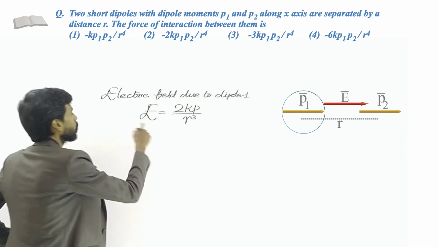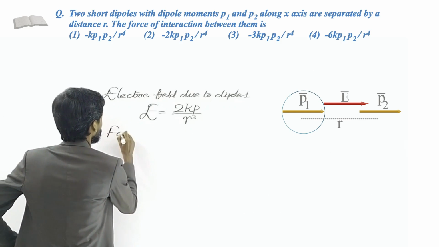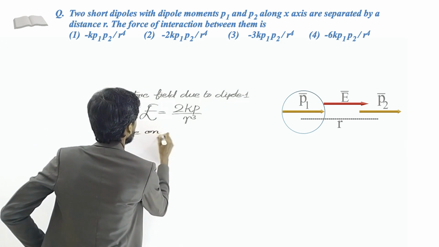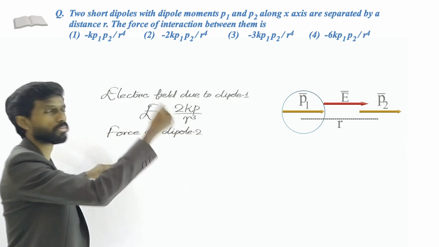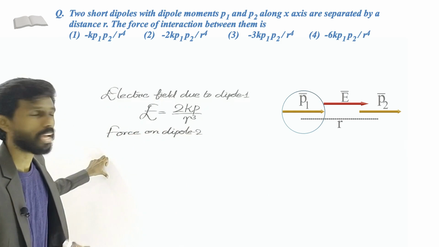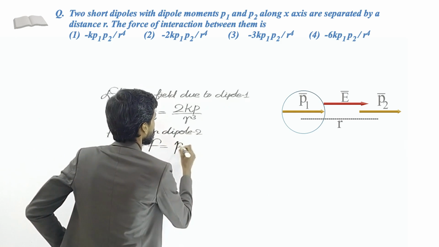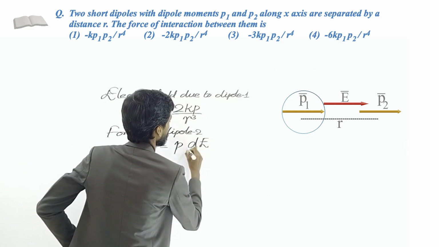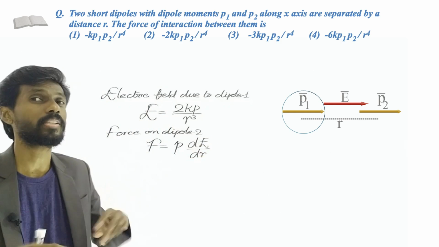Once the electric field is known, we can use the formula to find the force. The force on the other dipole, say dipole 2, has a formula: force equals P multiplied by dE divided by dr. This is the formula for force when the electric field is non-uniform.